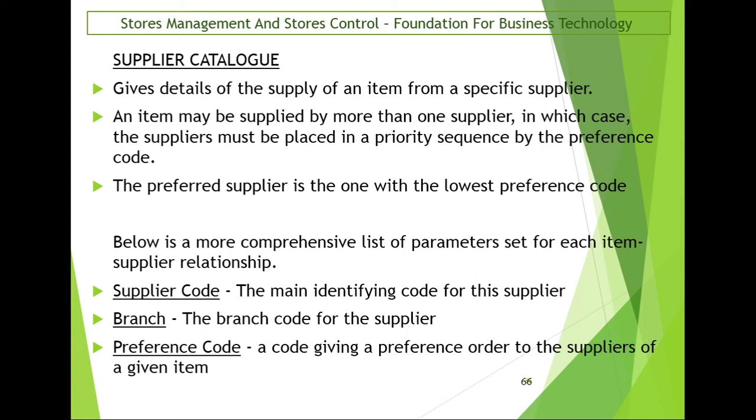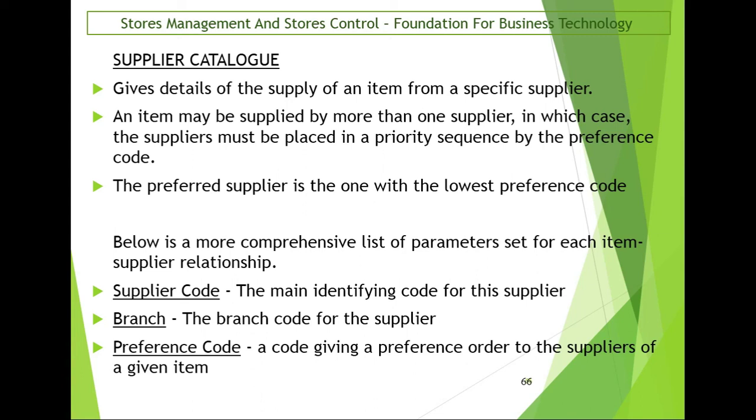An item can also be described according to the way that it is procured. That is why we need to maintain an up-to-date supplier catalog. Our supplier catalog then gives us a relationship between each item and the various suppliers that supply that item. In other words, we can actually specify how each supplier treats the different items.